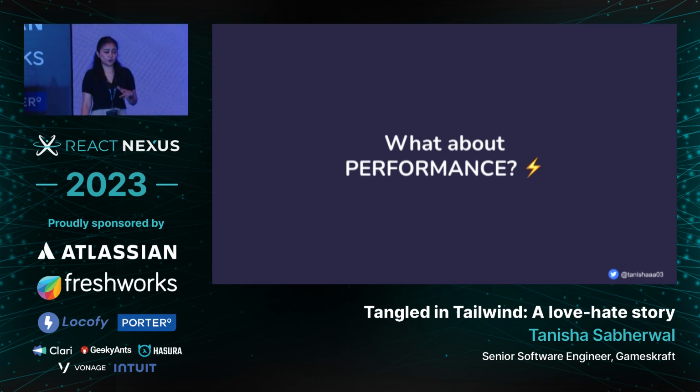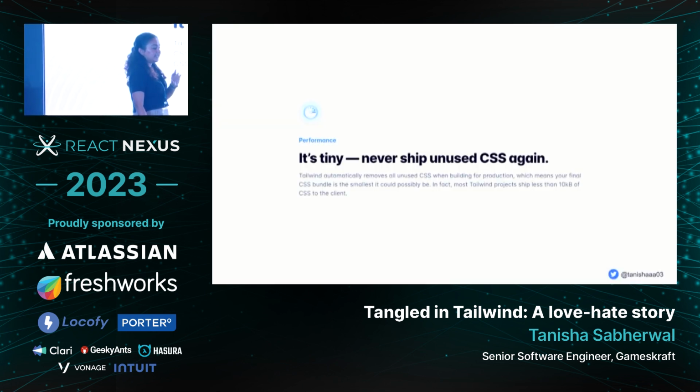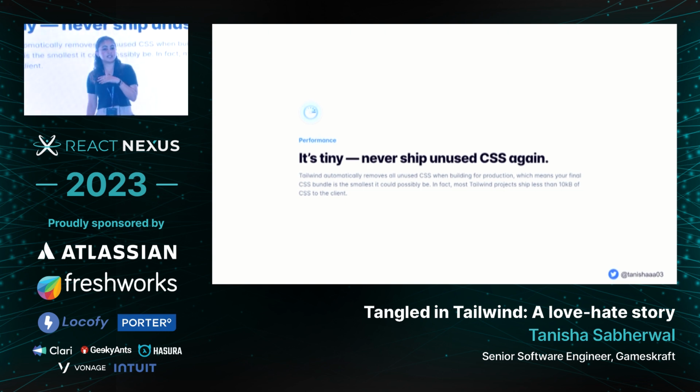But what about performance? I think Tailwind knew exactly what they would be called out for. So this is something that is mentioned in their repository as well. Tailwind purges all the unused CSS out of their production build.